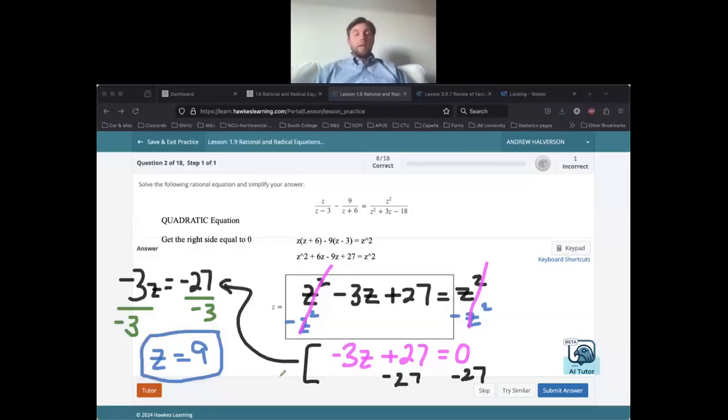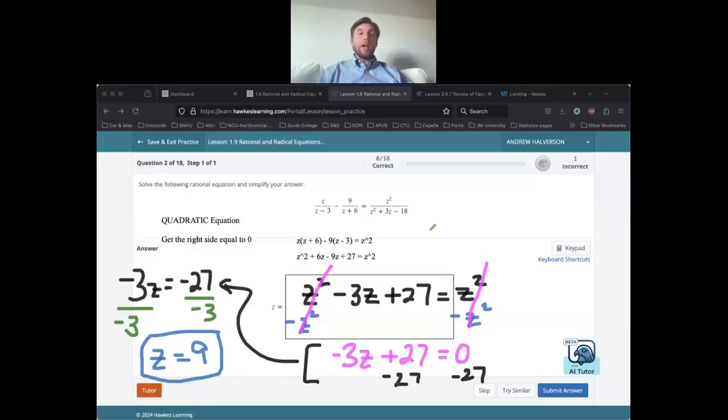So you have to be prepared. You have to remember a couple weeks ago, or just last week, when you have the square, it's quadratic. So you have to apply your quadratic methods, which means fundamentally you got to get the right side equal to 0. Now in this case, the z-squares happen to cancel with each other, go away.